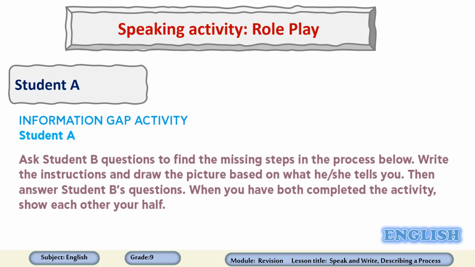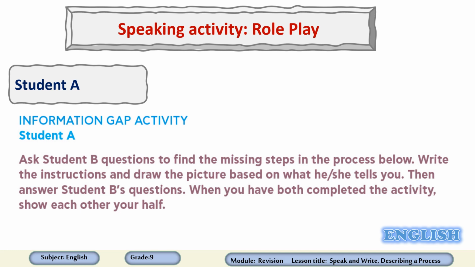Speaking activity. Role play. In this activity, students must be divided into pairs, Student A and Student B. Student A, information gap activity.